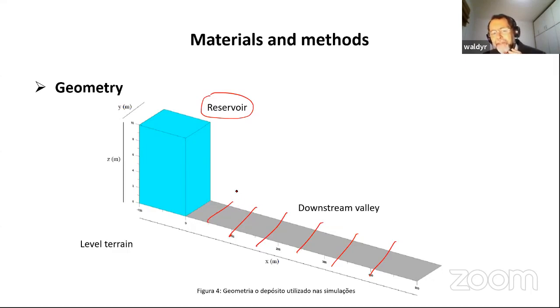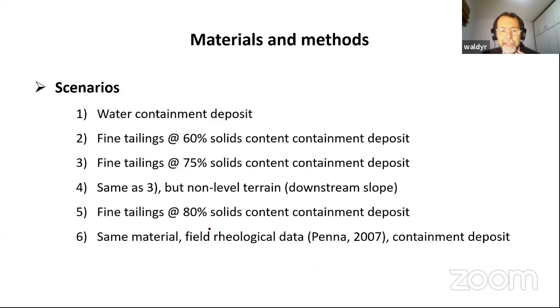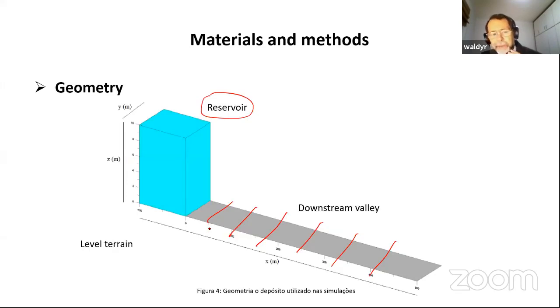So you have this for 50 meters, 100 meters, 200 meters, 500 meters, several sections where we have discrete output data. Of course, we start with level terrain. That was a very important thing, because later we have a scenario where we change this.